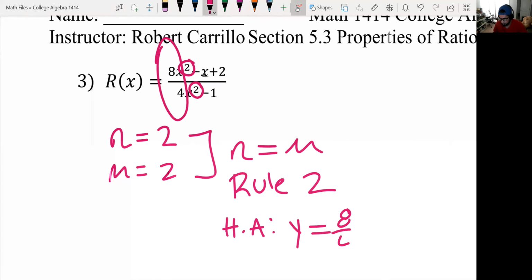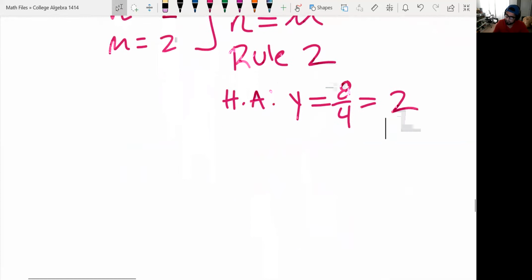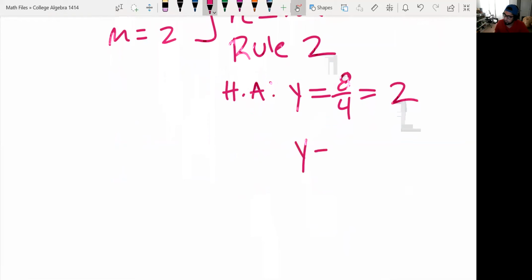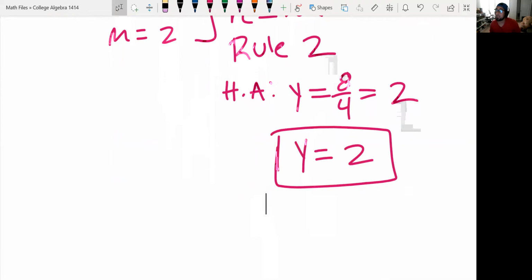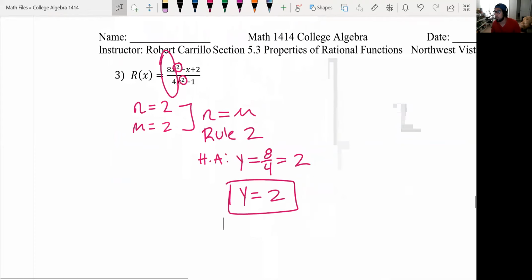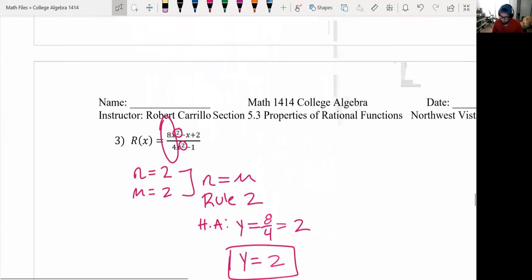So 8 over 4 or just 2. That's it. You get a horizontal asymptote of y equals 2. That's how rule 2 works. So rule 1 and rule 2, really easy. Too easy, if you ask me, right? Okay.